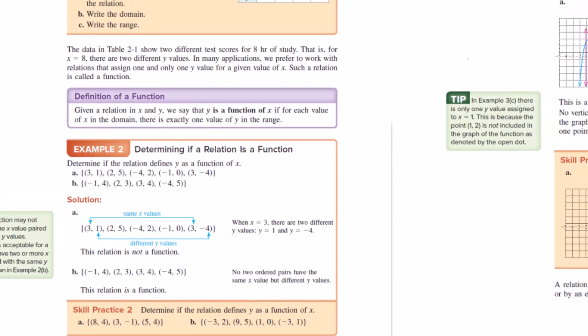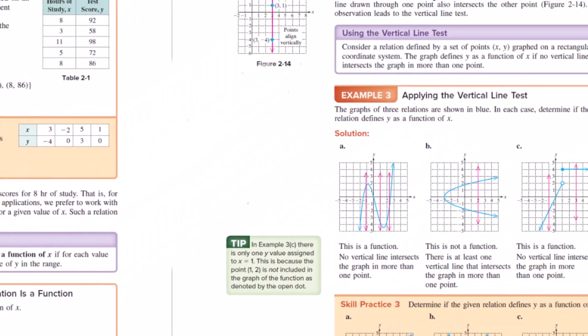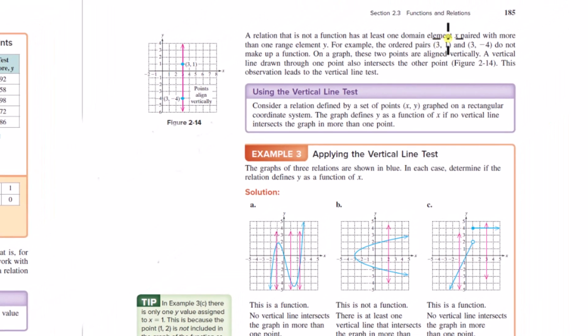Okay, so it says a relation that is not a function has at least one domain element, x, paired with more than one range element, y. For example, the ordered pairs 3, 1 and 3, -4 do not make up a function. On a graph, these 2 pairs are aligned vertically. A vertical line drawn through one point also intersects the other point. This observation leads to the vertical line test.